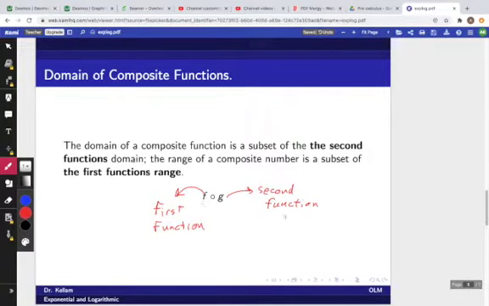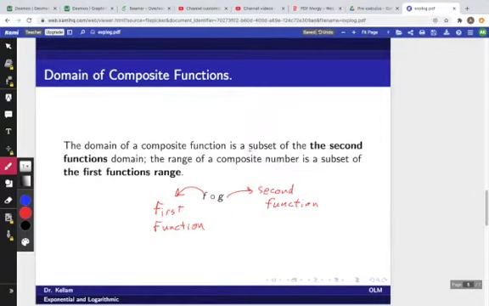So these two functions both have a domain and range, but the composite function is a single entity. So it also has exactly one domain and one range.